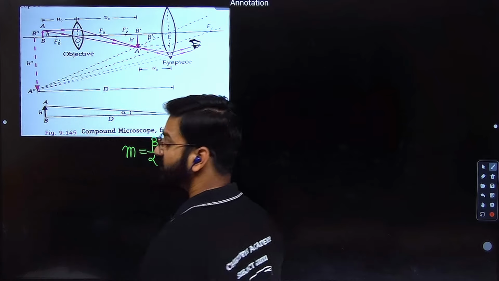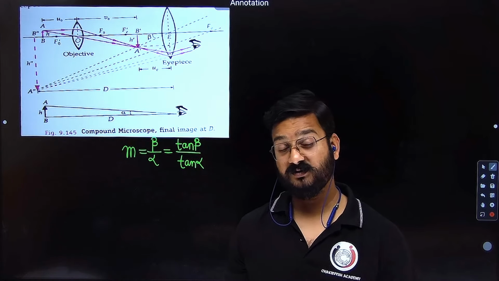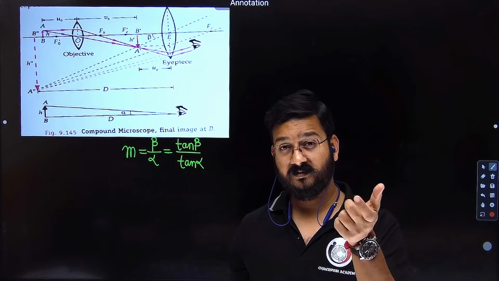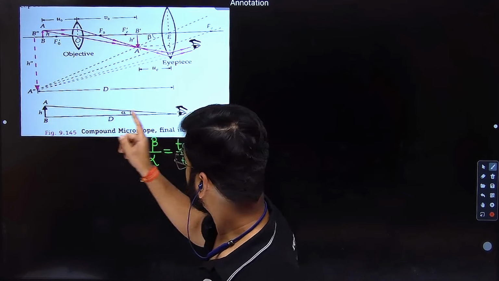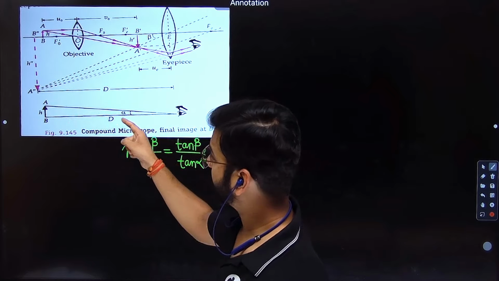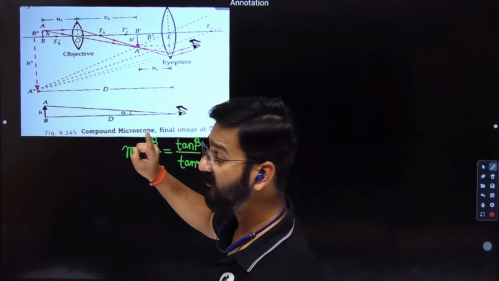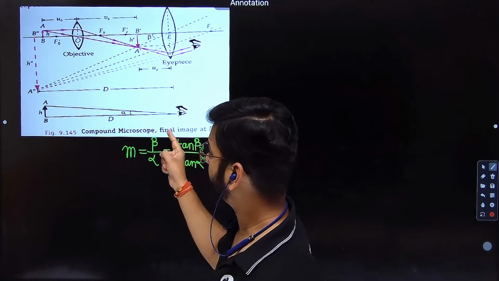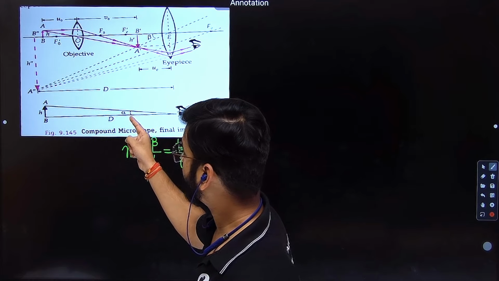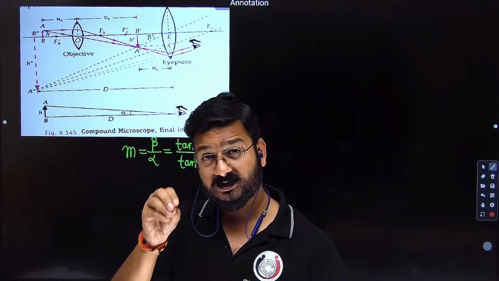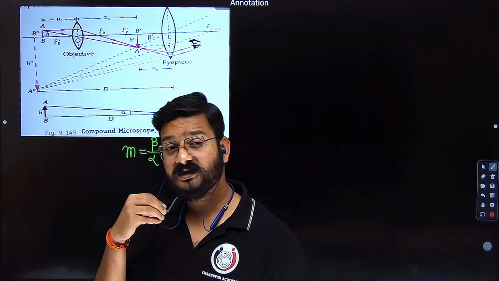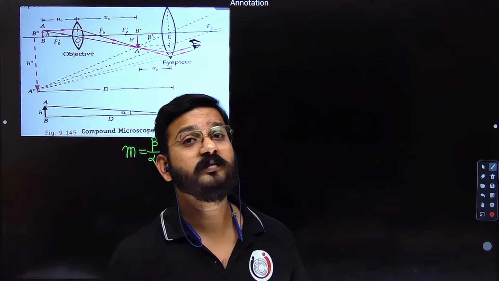Object should be present at what point? D. That was the last statement, that object and image both should be present at D. I took the object to be at D. And what is the angle formed by the object when it is present at D? Alpha. From this simple figure, tan alpha will be h by d. I'm assuming that the object is present at D because that's the definition.